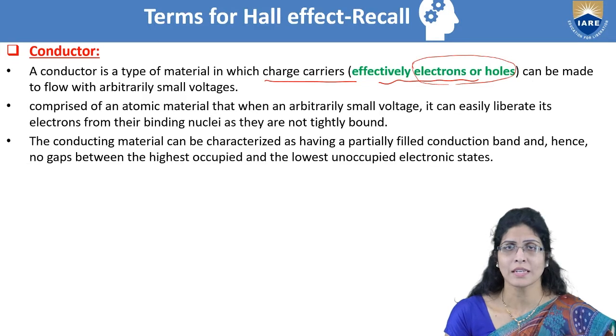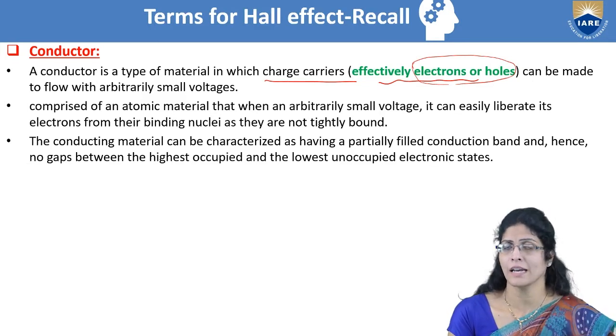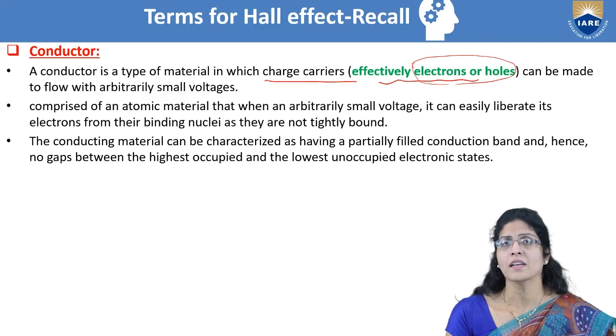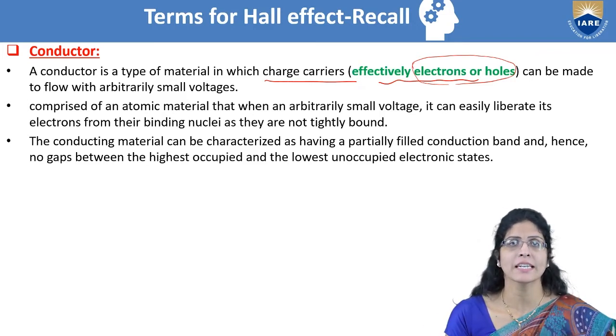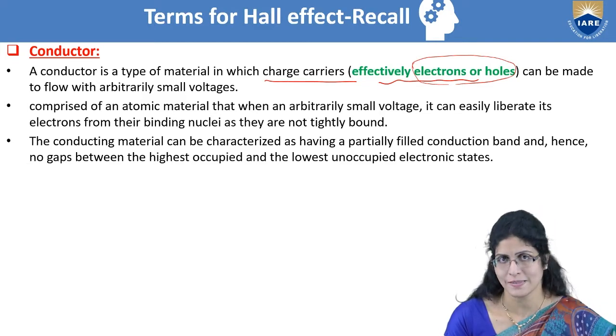So this nucleus, though it is attracting the electrons, these materials are such that even when you give a small voltage, the electrons can set themselves free, agitating themselves, taking the energy and freeing themselves from the covalent bonds between them and the forces with the nucleus.